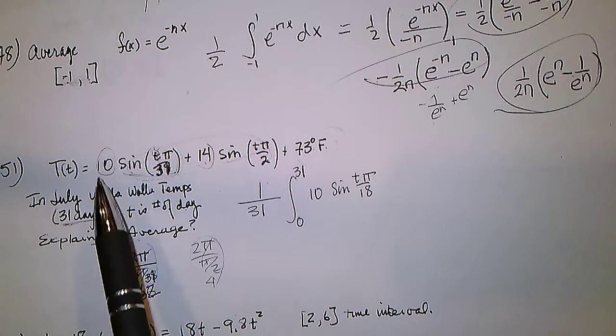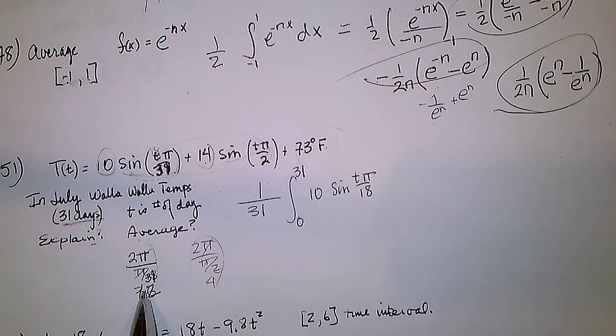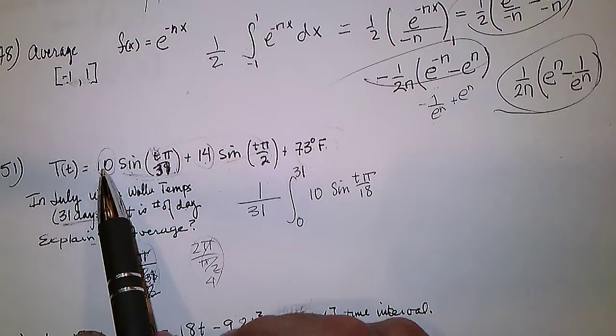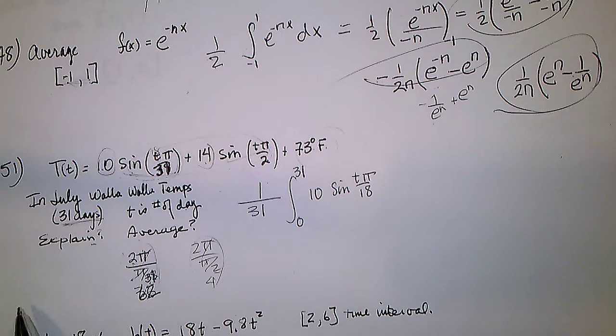So it varies 10 degrees every 62 times. 2 pi divided by pi over 31. Pi's cancel, that's 62. So it's going to go 62 days. It's going to vary 10 degrees.